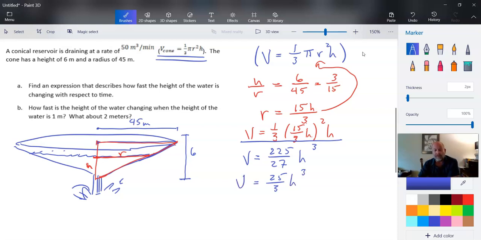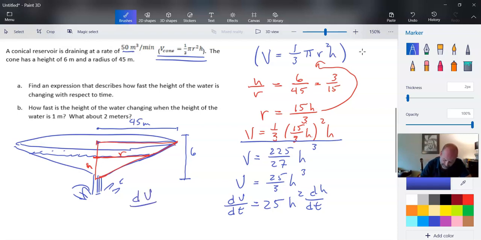Now we can go ahead and do our dV/dt. We'll do our d/dt of both sides. So dV/dt is going to be equal to, we pull that 3 down in front, that gives me 25h squared dh/dt. That's better, right? Now, we know already that the volume changes at 50 meters cubed, but we have to be careful here.